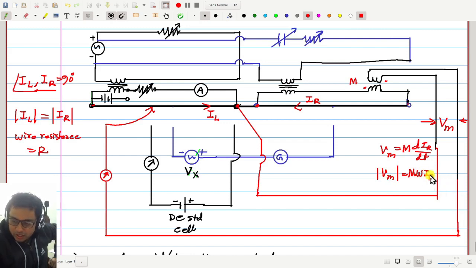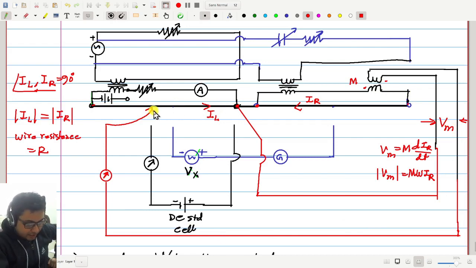So when IR and IL are equal, and also when IR and IL are 90 degrees out of phase, then Vm will be in the same phase as this voltage. Agreed? When IR and IL are 90 degrees out of phase, then Vm will be in the same phase as this wire potential, and then we can get a null.